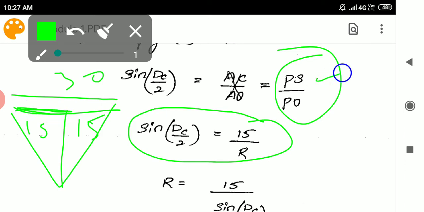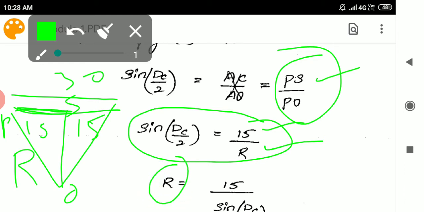PS is 15 meter, divided by PO, which is named as R. So 15 by R. After that I bring R to the left side, and 15 divided by sin DC by 2, sin DC by 2 comes downwards.